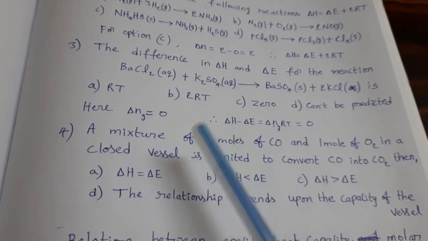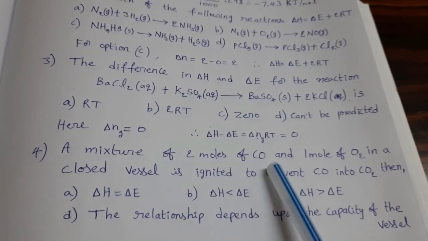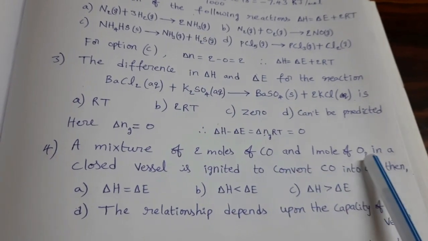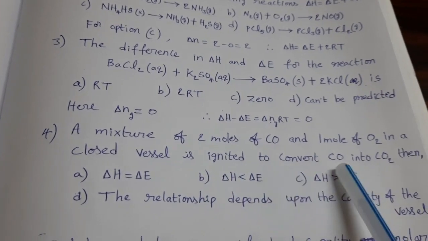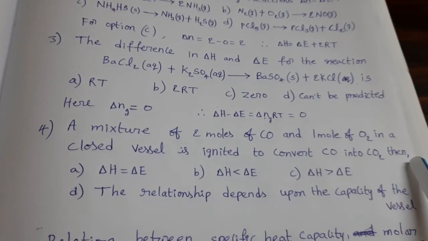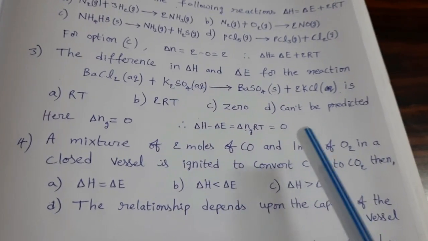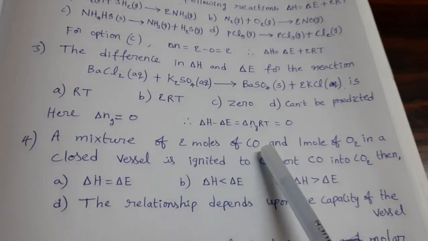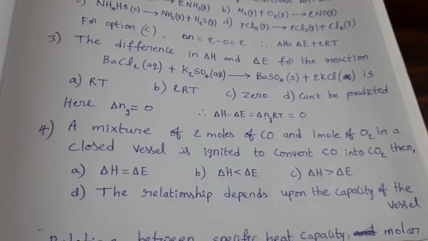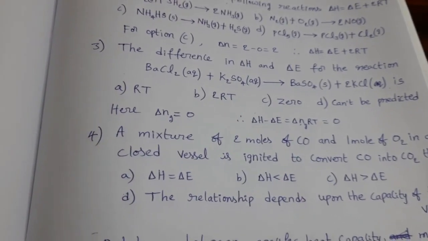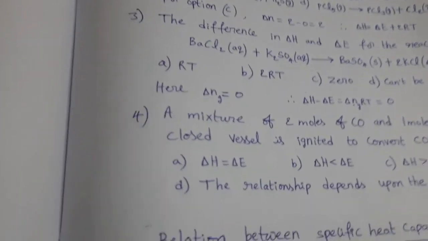Next, a mixture of 2 moles of CO and 1 mole of O2 in a closed vessel is ignited to convert CO into CO2. For this reaction, 2CO plus O2 gives rise to 2CO2. So this is the equation.